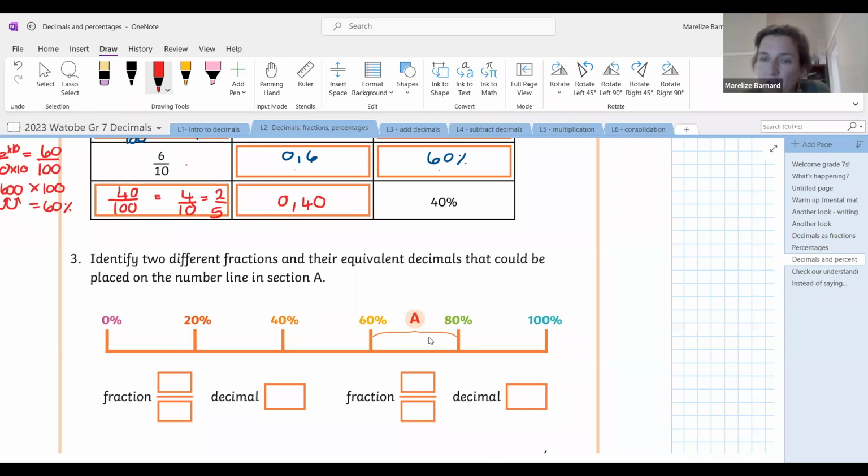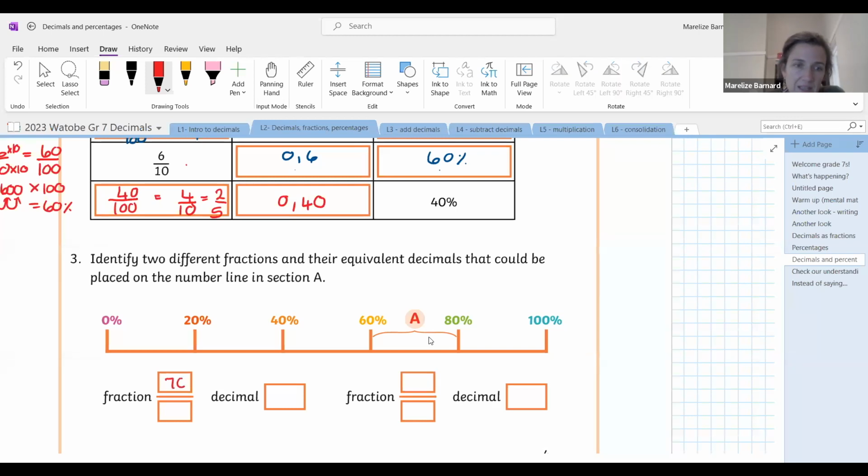Let's see what you've got. Let's see your ideas. Guys, 70 means nothing. Is 70 a percentage? Is it 70 over 100? 70 can't stand on its own in this context, okay? So you have to give a proper answer. 70%, yeah, and then what is 70% as a fraction?